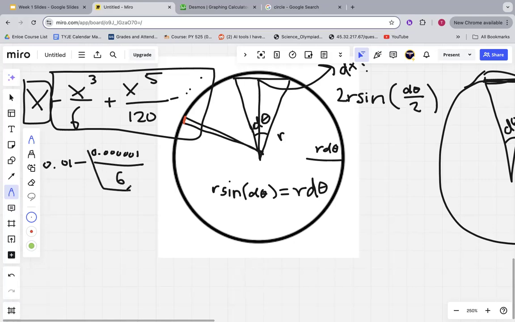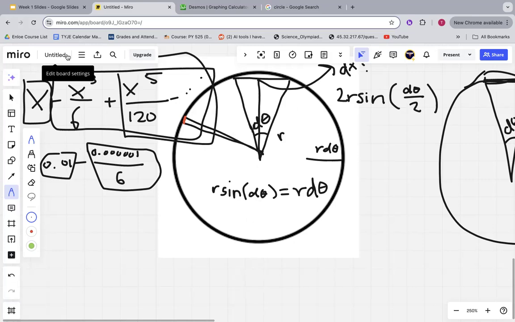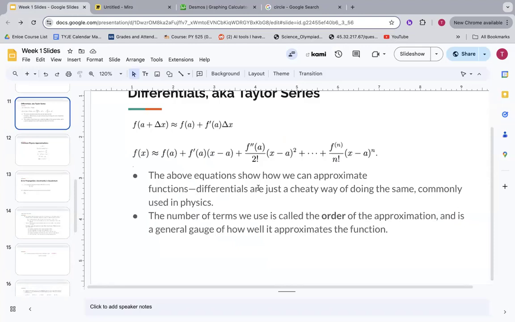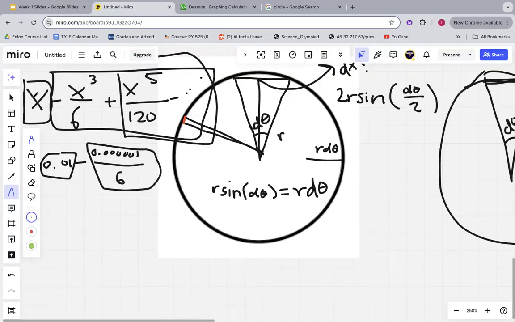This term basically doesn't matter compared to this term, and adding the x to the 5 term doesn't even matter either. So when we do approximations in physics, we're using these Taylor series approximations to say that the function is approximately equal to the amount that it changes by in the first step.